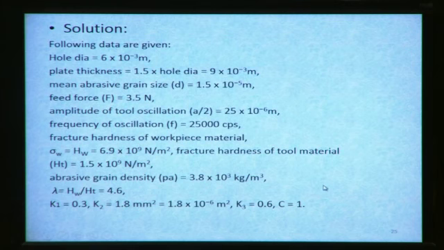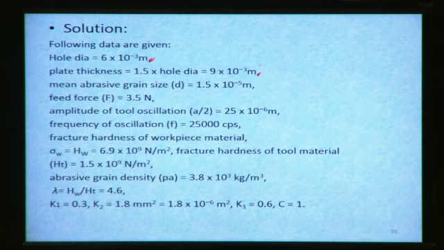Now we shall see what information is given for the solution of this problem. The hole diameter is given as 6 into 10 to the power minus 3 meter. Everything here is converted into MKS units, so we have converted length into meters. The plate thickness is 1.5 times the hole diameter, so it is 9 into 10 to the power minus 3 meter.